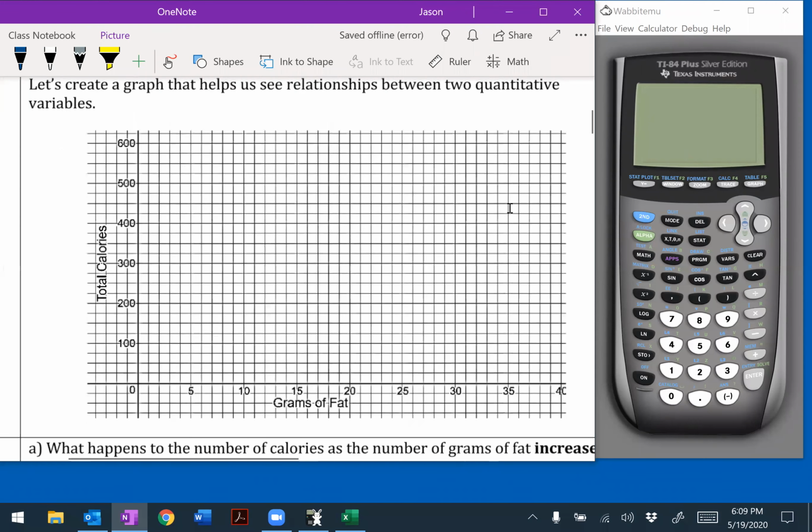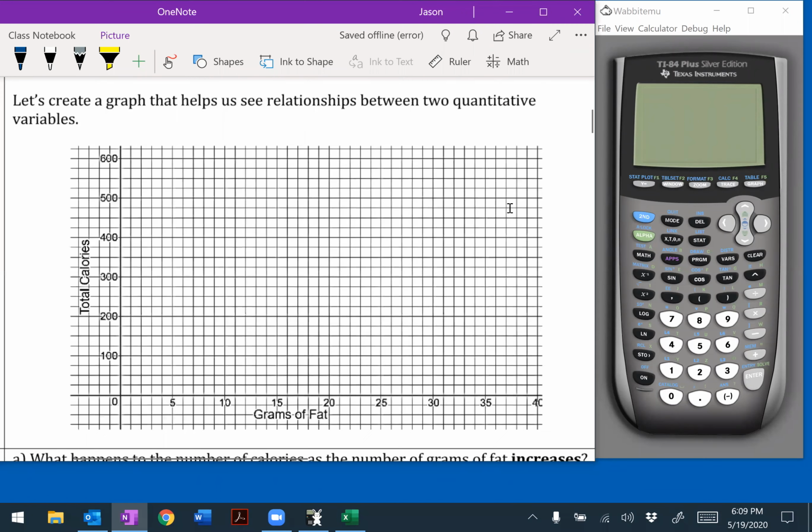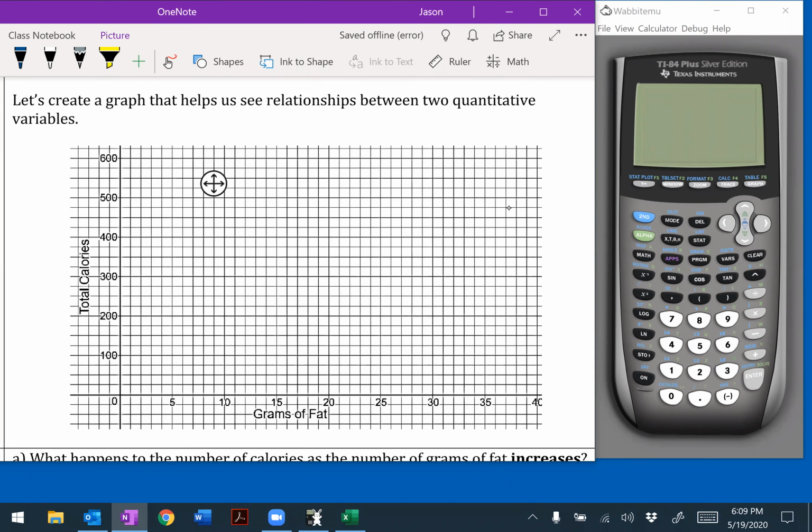Hopefully you have them in front of you. 13 and 320 is going to be about there. 21 and 420 is going to be about there.